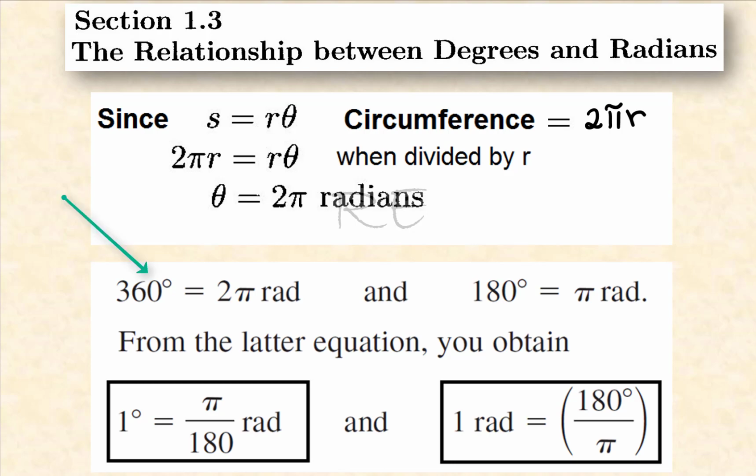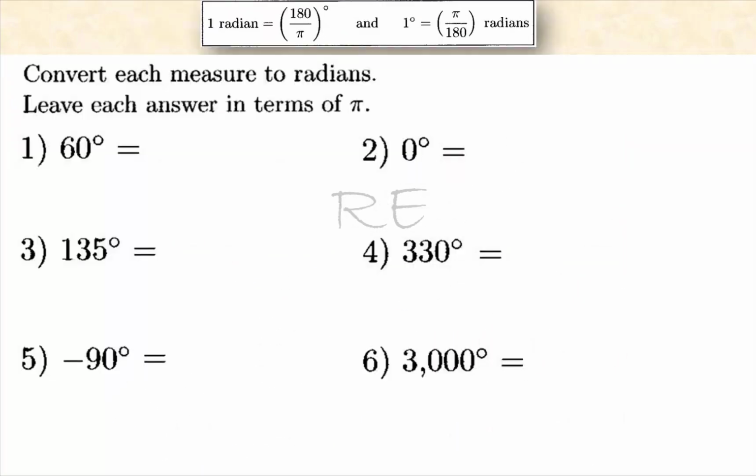So 360 degrees is 2 pi radians. Divide by 2: 180 degrees is pi radians. From the latter equation, we obtain 1 degree is pi over 180 radians, and 1 radian is 180 over pi degrees.